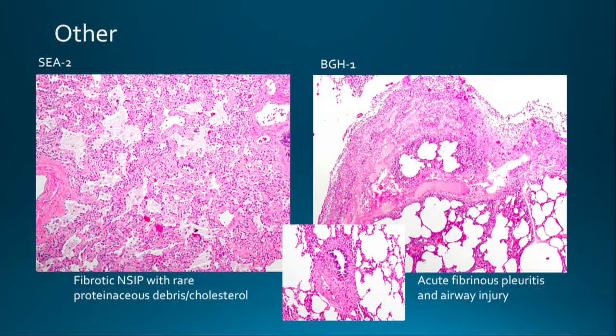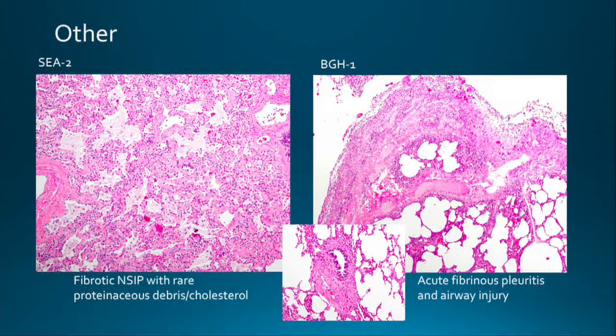In this particular case, it was very patchy, but there was some proteinaceous debris as well as cholesterol clefts, which you can see in the spaces where there are little jagged lines as well as pink debris. And so the message, again, is that even though we're not classifying these cases as PAP/endogenous lipoid pneumonia, many of these cases have these kinds of features, at least focally or even rarely in the biopsy. And again, it's just hard to know how to tease it all out.